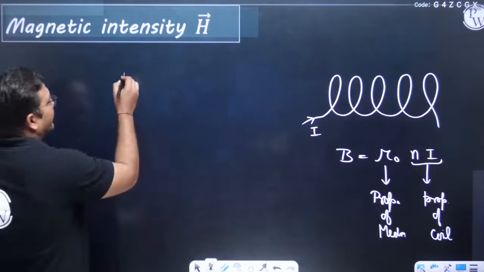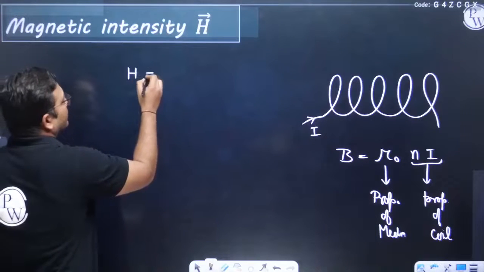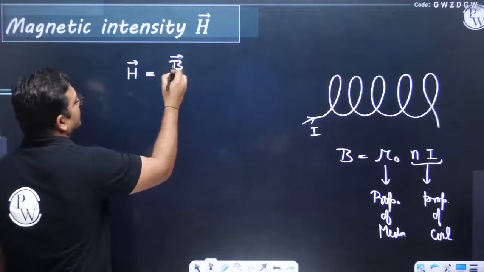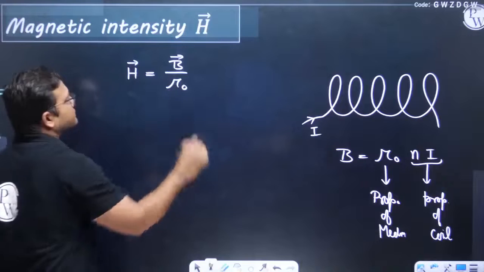H is defined for the coil as the B vector divided by mu naught.